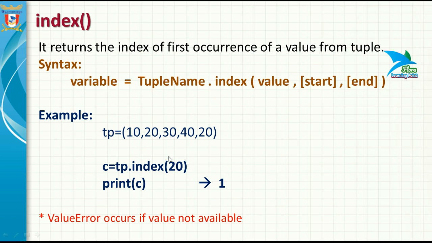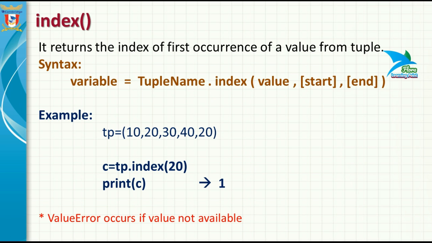So here we are having the list of values, and in index function we want to search for 20 value, then system will return the index of that particular element from the list. And one main point is that value error occurs if value not available.